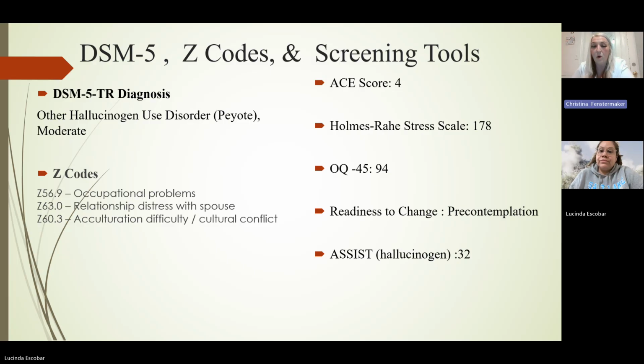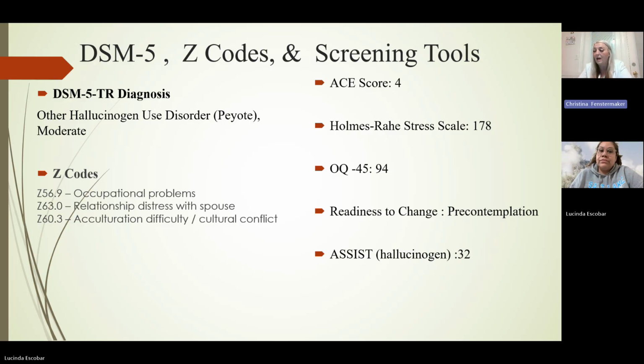And then his Holmes-Rahe, he did score 178, which places Dakota in between the 150 and 300 range, indicating a moderate to high level of stress. He is at risk of stress-related health or behavioral patterns. This level of stress will increase a continuous level of substance use.